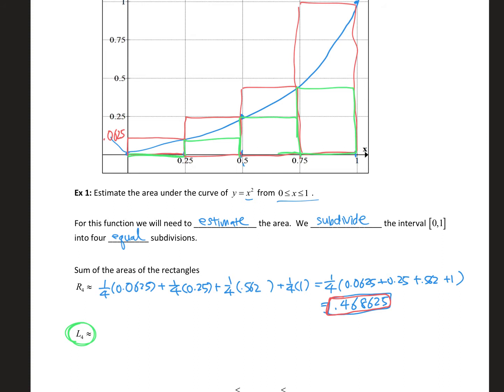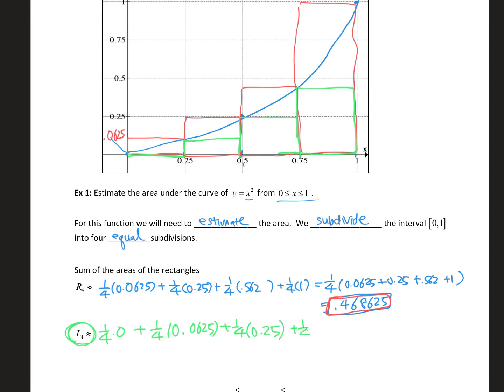So how do I actually calculate the area of these? The first one is going to be 0. So 1/4 times 0 plus the second one, 1/4 times the height of the second one. We already know the height, 0.0625. Plus 1/4 times the third box, whose height is 0.25.